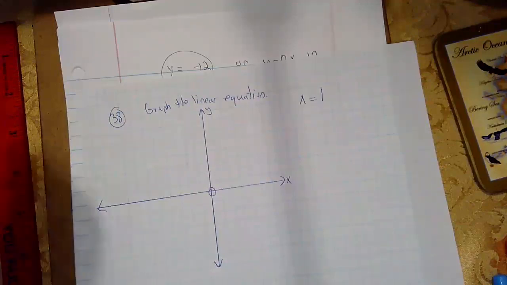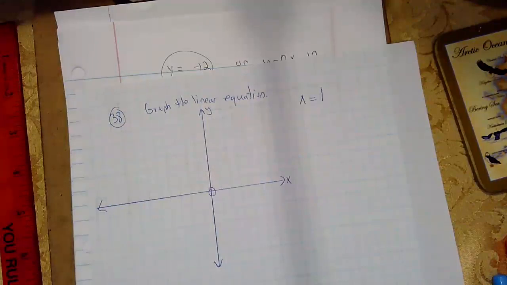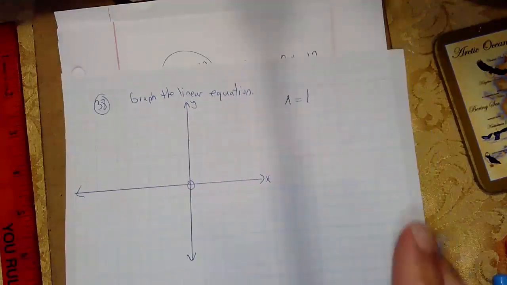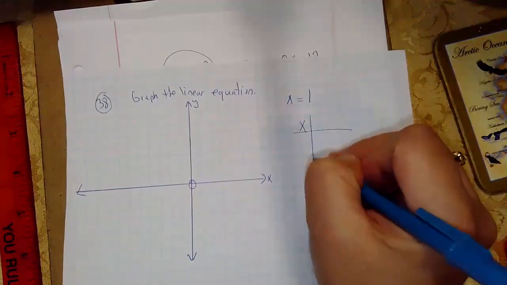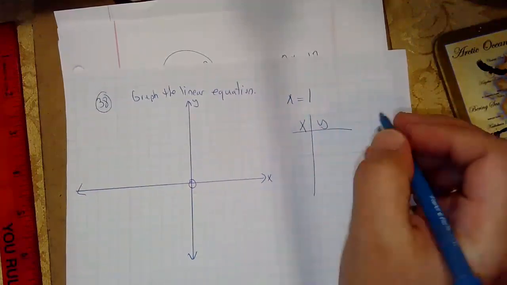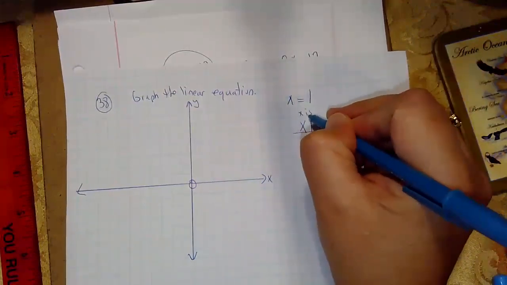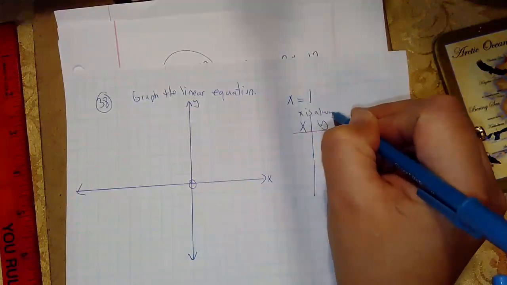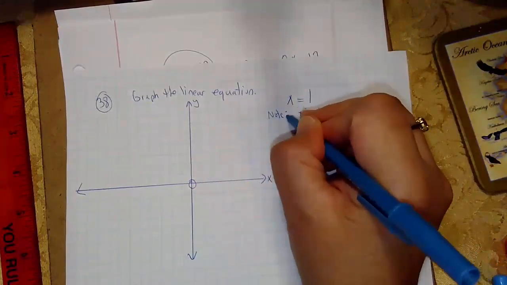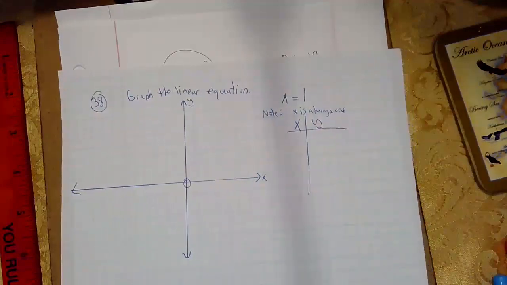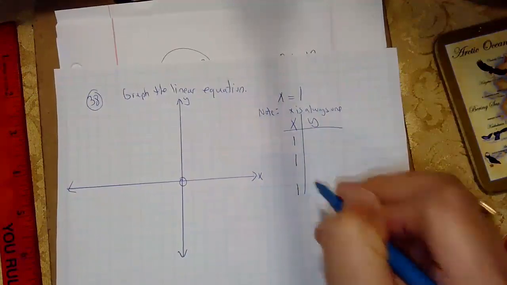So x equals 1. What I'll do to help with that is I'll do a generic table, x and then y, and look how x is always 1. Notice how x is always 1. That's going to be important, how that got fixed to be 1. So here I could put several 1s. See that? X is 1.